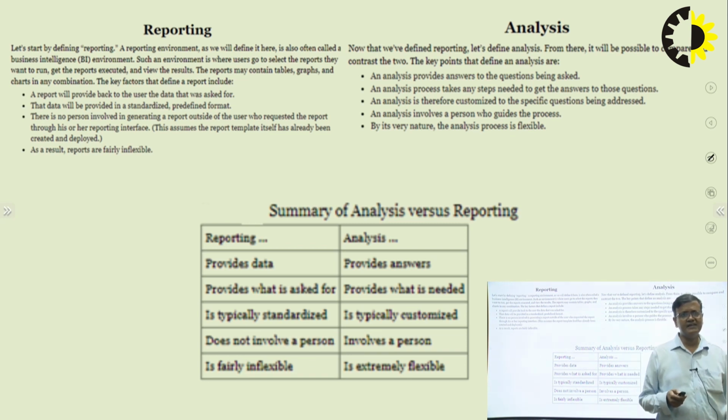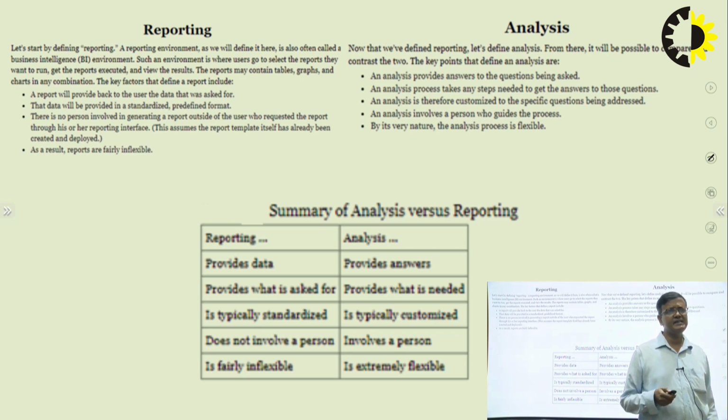So reporting and analysis. The difference is, a reporting environment is also called the business intelligence environment, because in such an environment, the users go to select the reports they want to run and they get the reports executed and view the results. The reports may contain tables, graphs and charts in any combination.